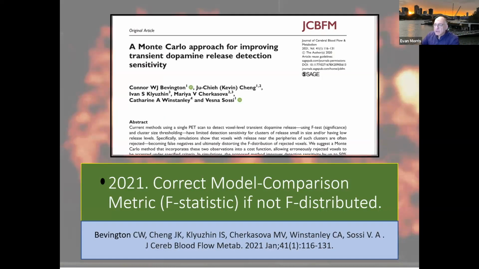Okay, so that was working on fixing the rejection criteria. Connor Bevington and Vesna Sossi and their team at University of British Columbia were also at the same time making other corrections to the F statistic as a rejection criterion.